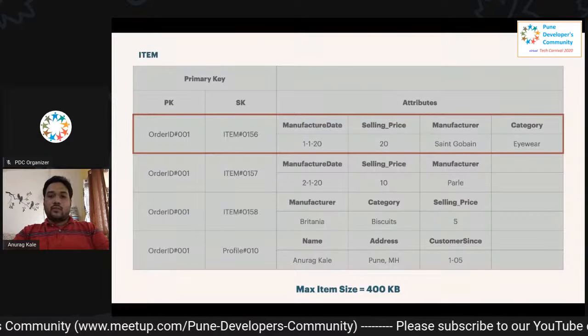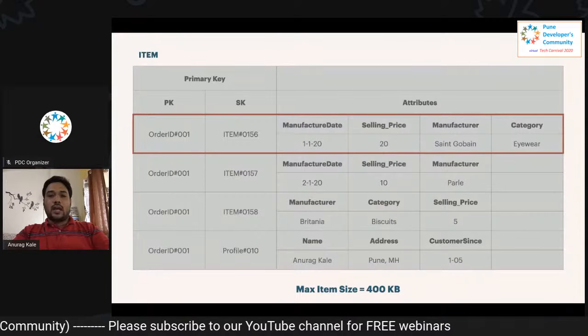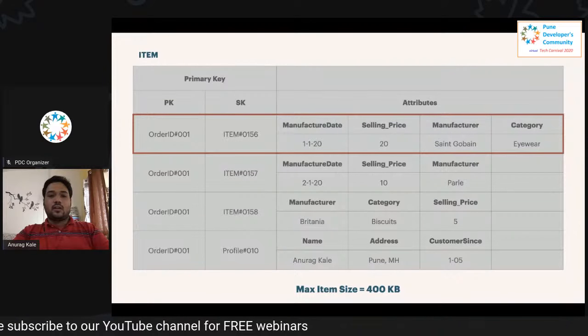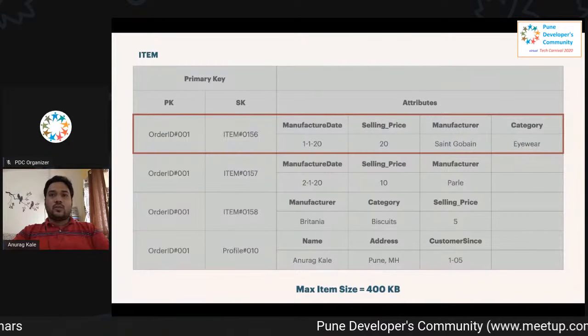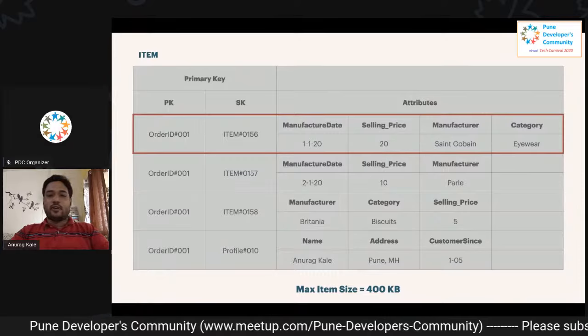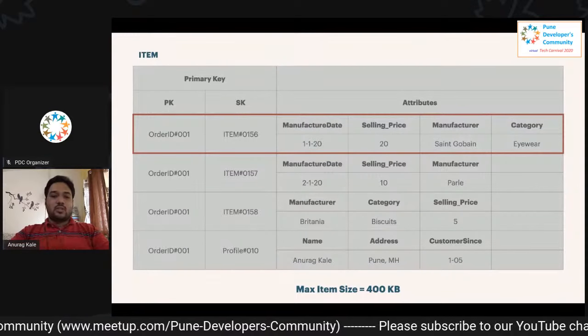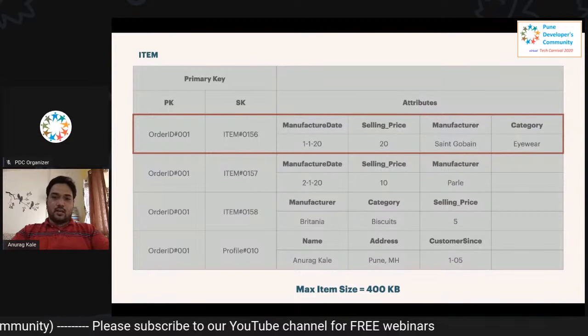Now if you carefully observe towards the right, you will see that the attributes are different in each of these items. This is a flexibility that you get when you are using NoSQL databases. You don't need to define your schema upfront. You can have as many attributes as you want against one particular item, and you can have different values inside those attributes as well.